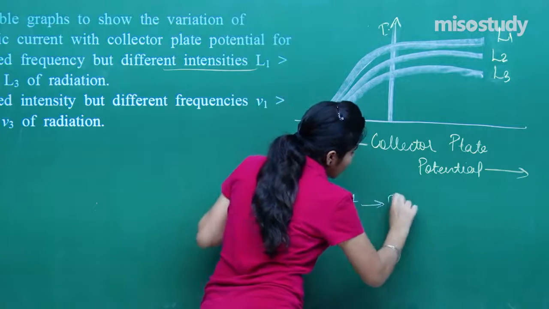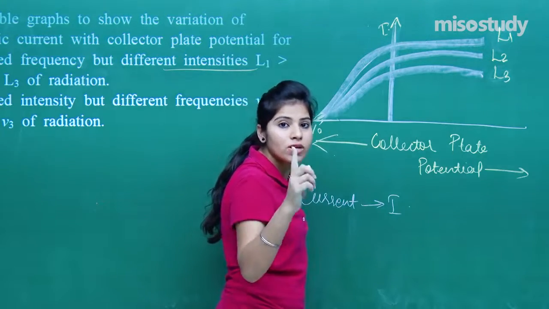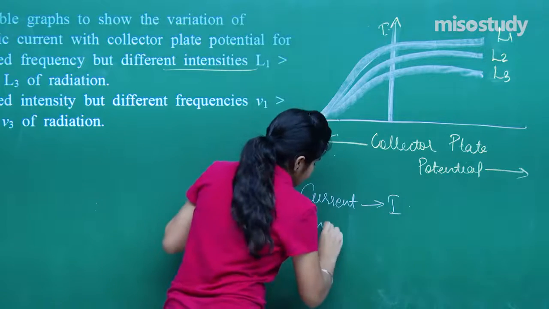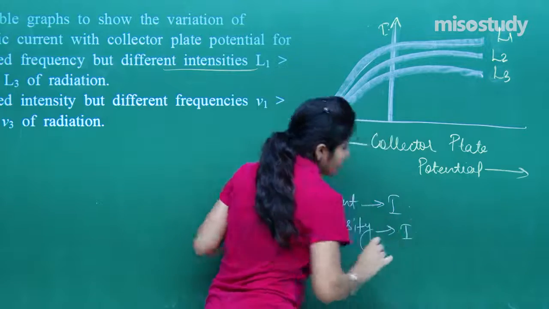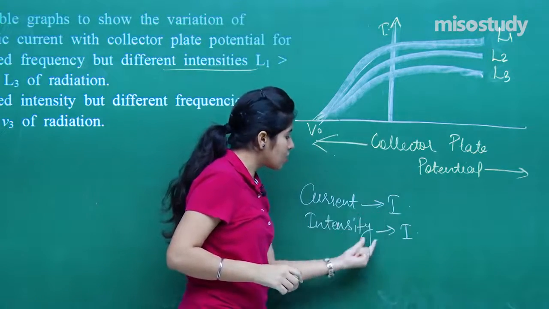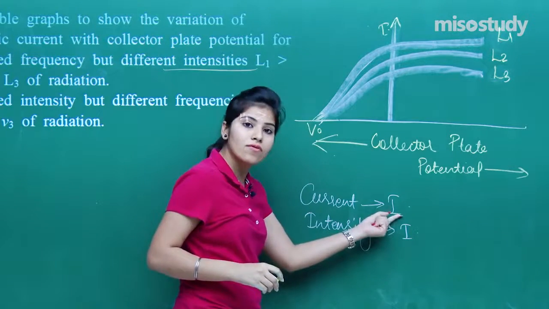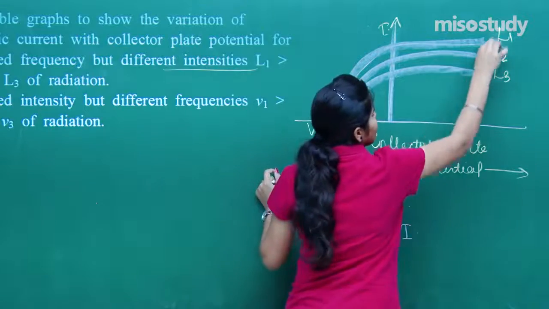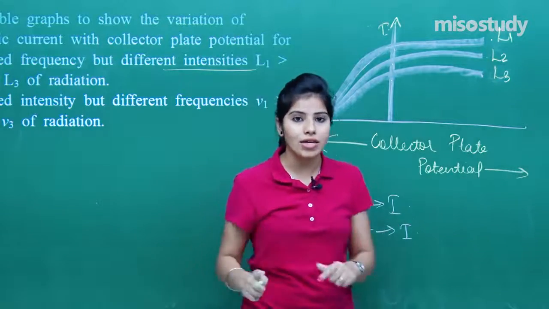We denote the current by I, and intensity also starts with the first letter I. If the intensity is changing, that means I is changing, so the current I will change. This is the trick to remember.